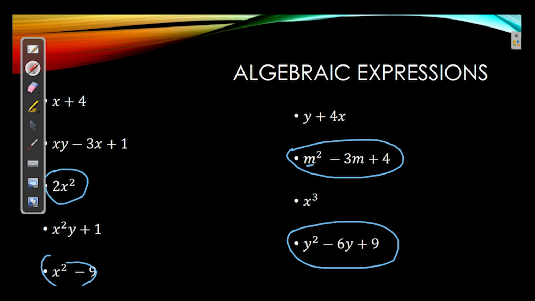While these don't have the full trinomial form, these are still quadratic, simply because they contain that algebraic term. Notice that they have a variable raised to the power of 2, and this is what makes it quadratic.